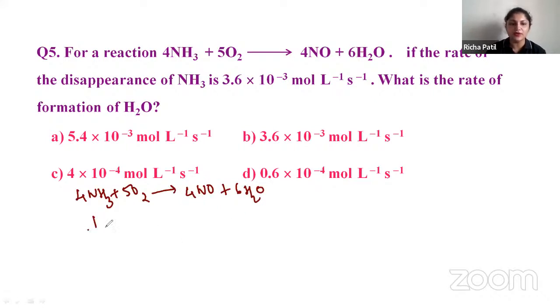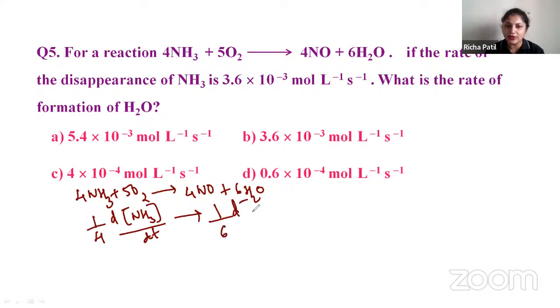Yes, try to solve. So 1 by 4, write the rate equation for this, d of NH3 by dt. O2 will be 0, then NO will also be 0. Then this gives you 1 by 6 d of H2O by dt.